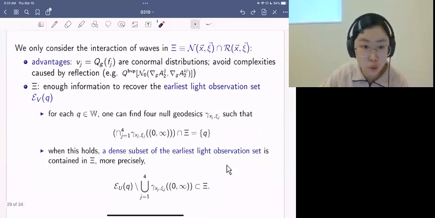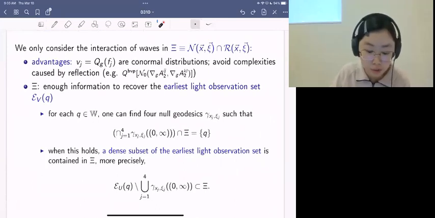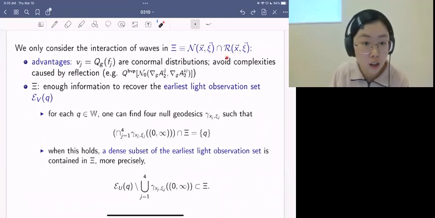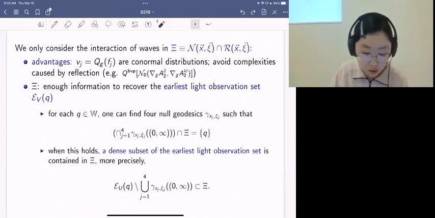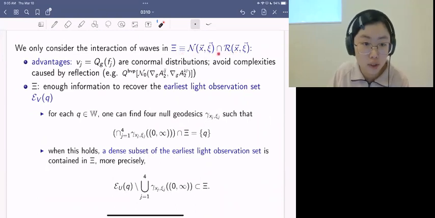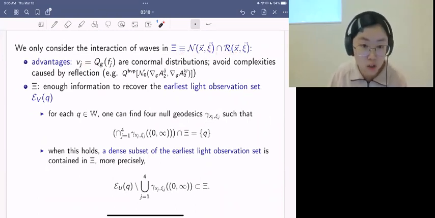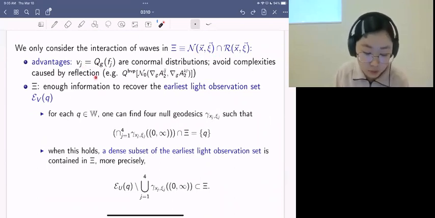As we mentioned before, we only consider the interaction of waves in this open set R and N, because in the intersection of these two open sets, the distorted plane waves are conormal distributions, and we can avoid complexities caused by the reflection.